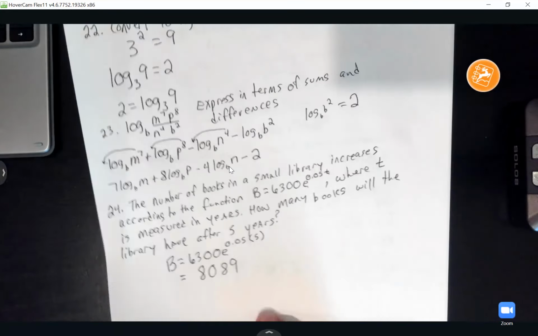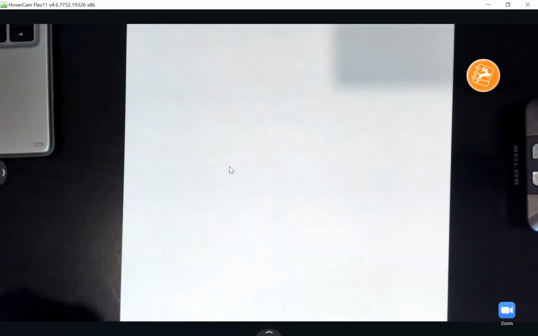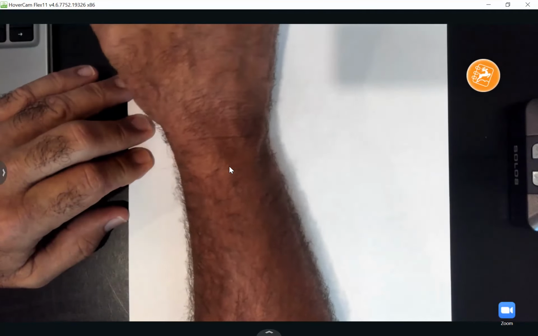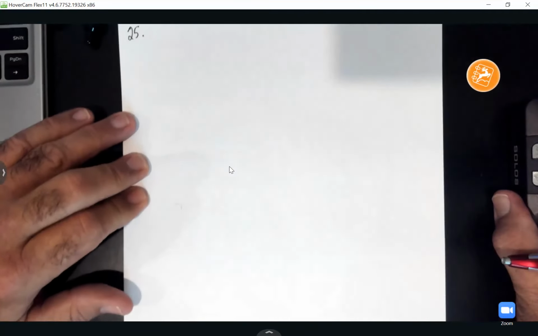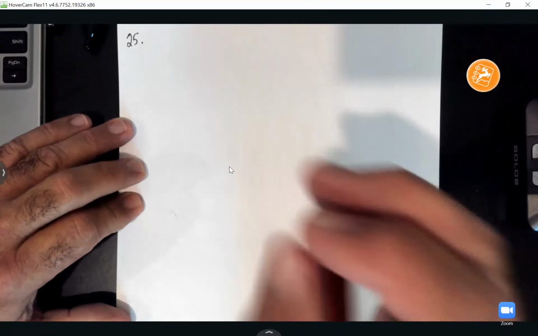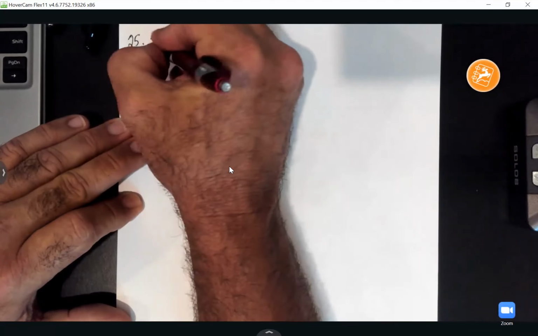And y'all look at this. We're now down to question number 25. And 25 says solve the exponential equation.